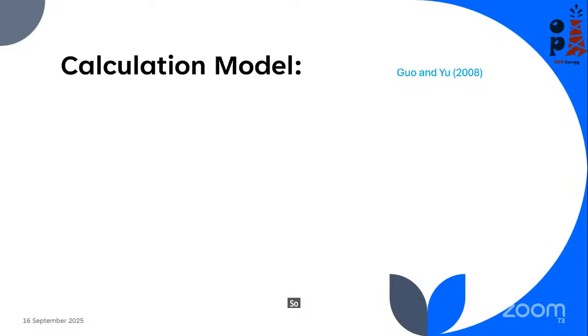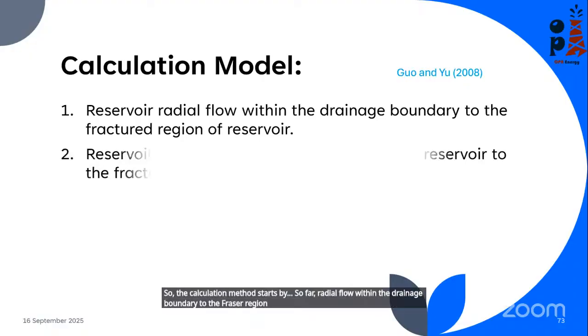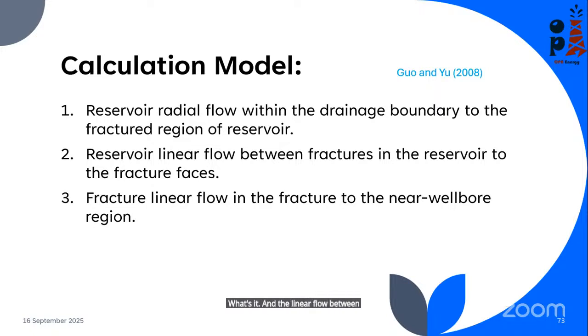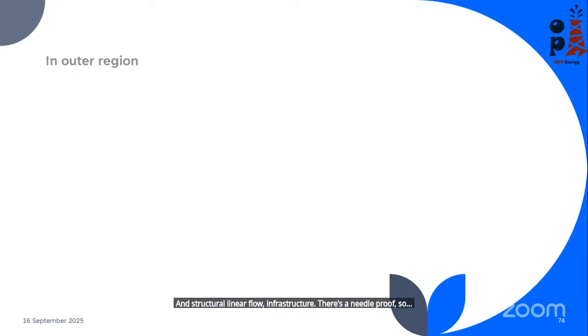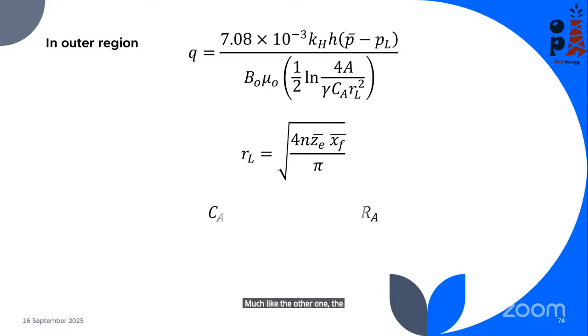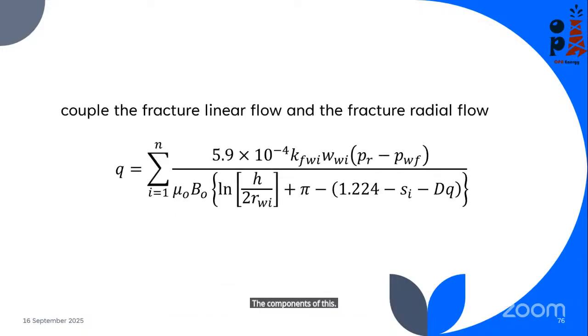So the calculation method starts with reservoir radial flow within the drainage boundary to the fracture region or the drilled region, then the linear flow between fractures in the reservoir, and the linear flow in the fracture to the near wellbore. So not like the fishbone, which has two components, here it has three components in this system.